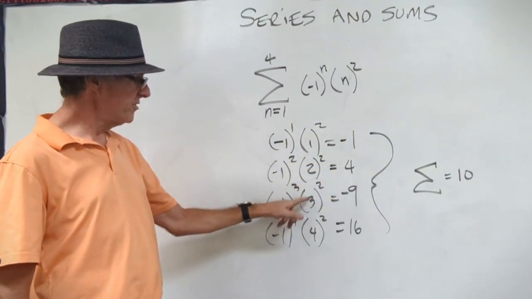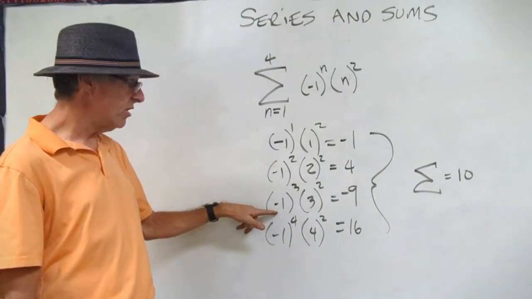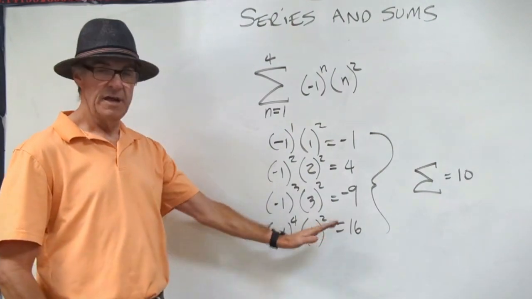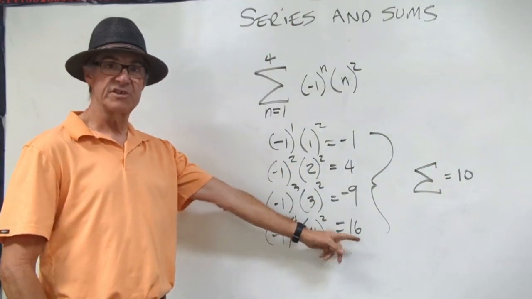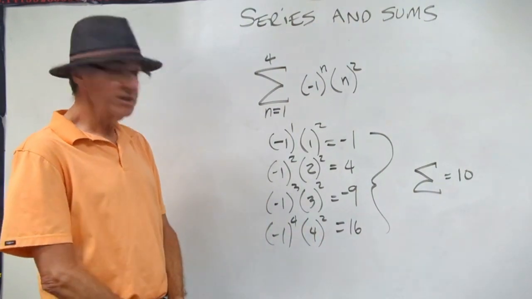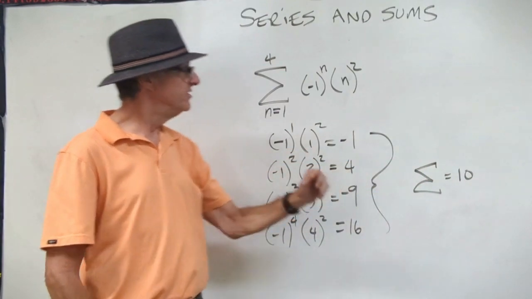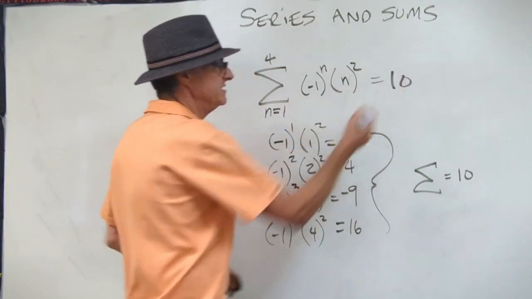Then again, we have 3 squared, which is 9. Now negative 1 to the third is negative 1. So we go to negative 9, then we switch to positive 16, and we can keep going in that way. So we have the perfect squares of numbers, and now we're going to add them up. So these 4 numbers add up to 10. So the answer to this is 10.